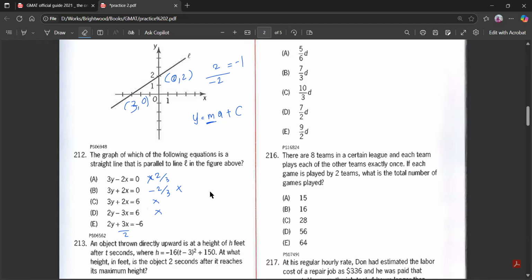So if it is 3, 0, what should be there? Y difference 2 over 0 minus 3, so 2 over minus 3. Anyone? 2 over minus 3? Yeah, this one should be the parallel one.